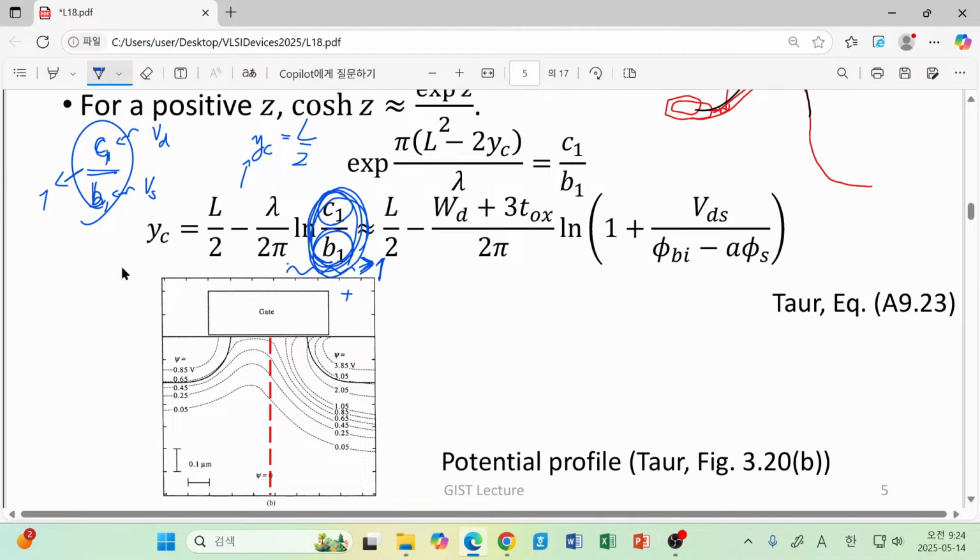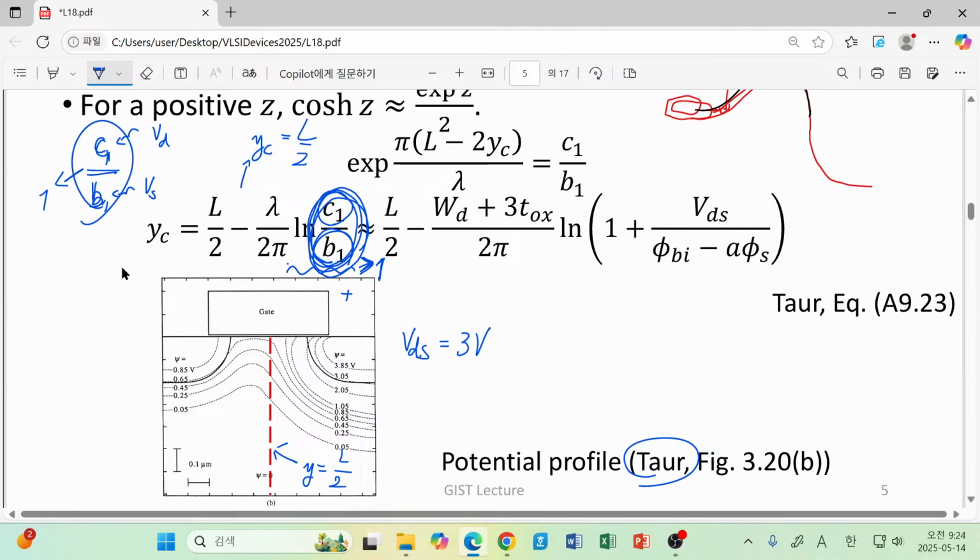The numerical result taken from Professor Tower's book is shown here, and I guess the drain source voltage is about 3 volts. So now the drain is much higher compared with the source side, and this red colored line is exactly corresponding to the geometric middle point of our transistor. So this corresponds to y equal to half of L. And where can you find this YC point?